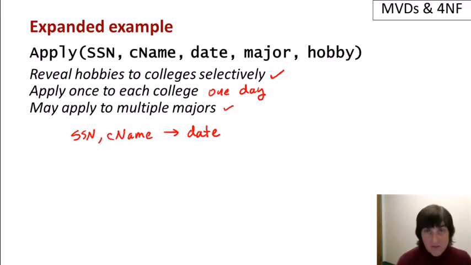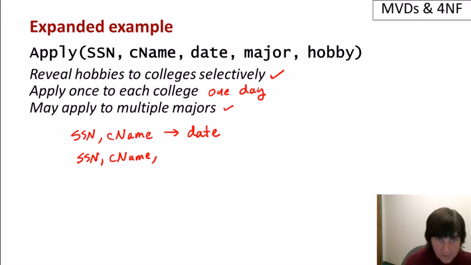The last dependency that we'll have involves the independence of the majors that are being applied for and the hobbies that a student has. And so we'll write that as the multi-value dependency, social security number plus college name plus date multi-determines major.